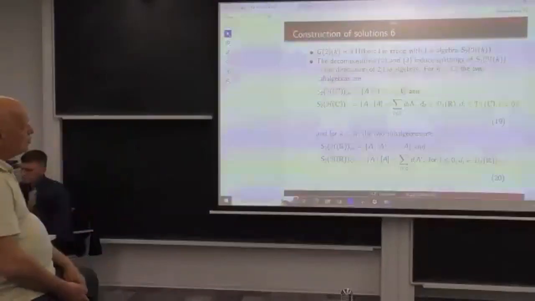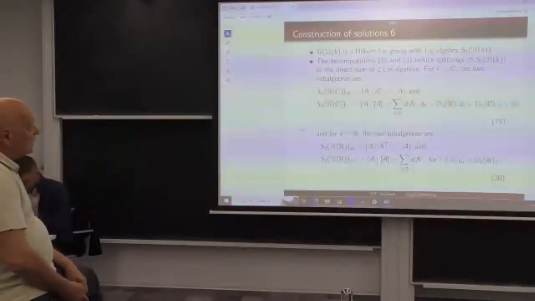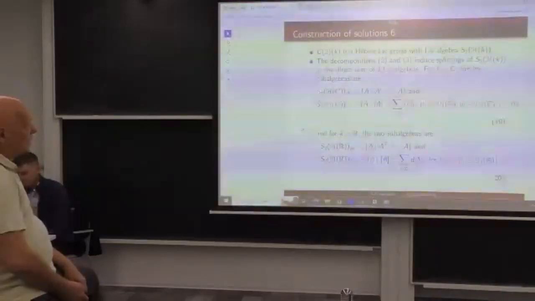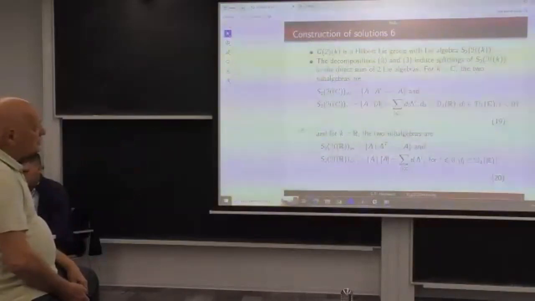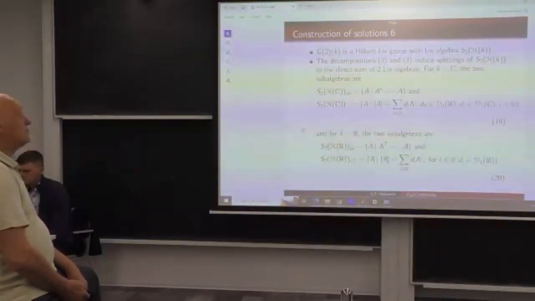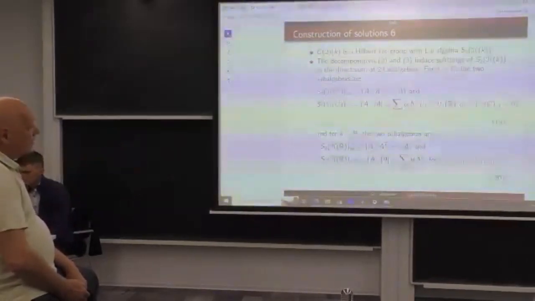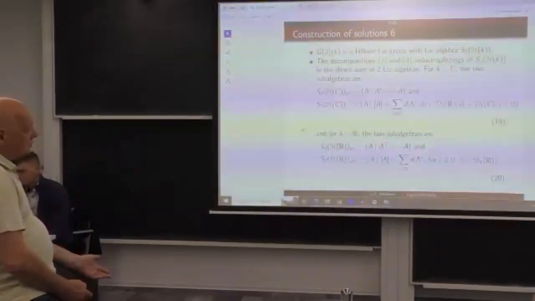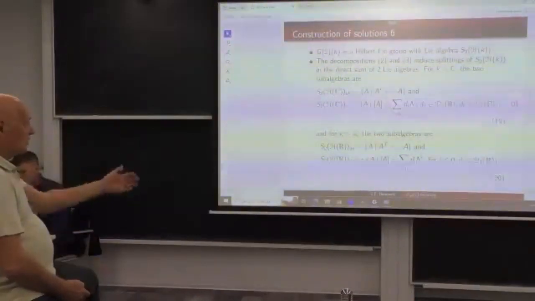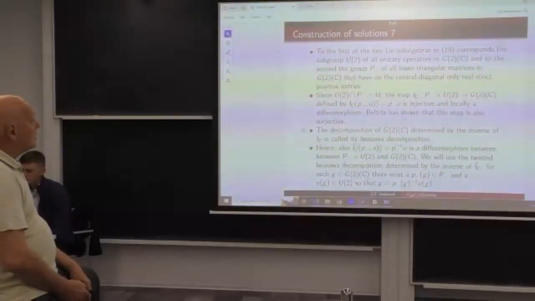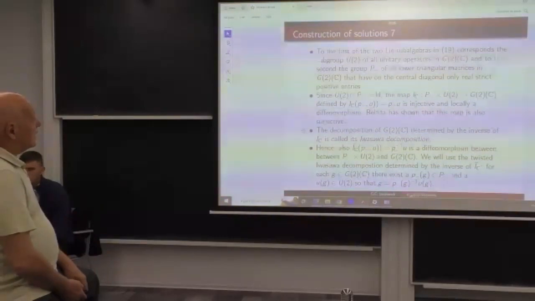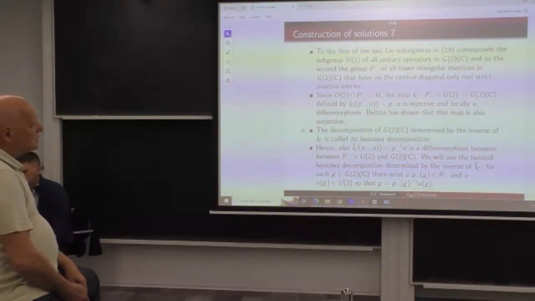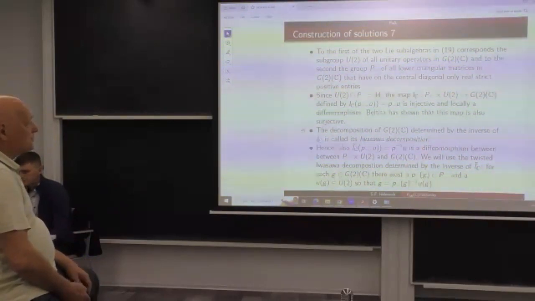So you have the Hilbert-Schmidt operators such that A star is minus A, and so on, such that the matrix of A is a pseudo difference operator of degree 0, leading diagonal in R, and all other diagonals in C. And it's the same for the second, which corresponds to all lower triangular matrices that have on the central diagonal only positive entries.